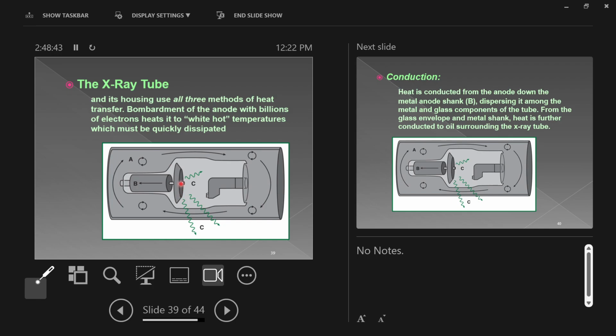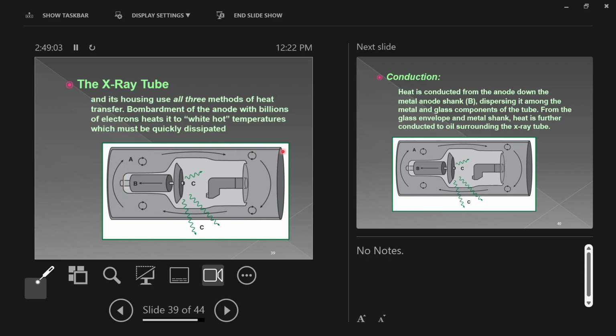The anode heats up. Heat is conducted down the shaft, if you follow the laser pointer that I'm using, down the shaft of the anode. Heat is conducted into the shaft of the anode. And then cooling convection currents are circulated in the oil bath around the anode to cool the thing down.